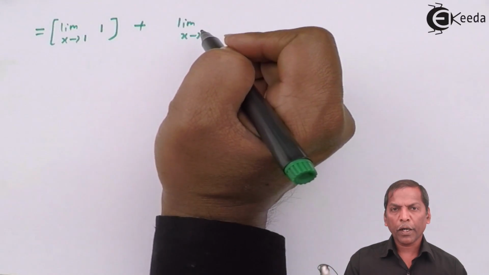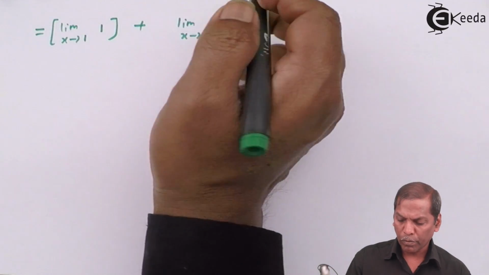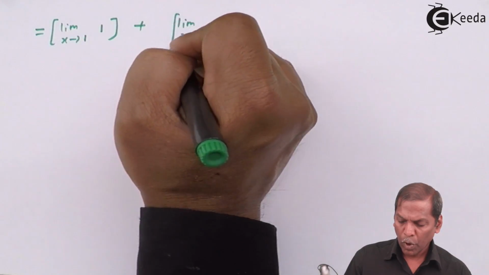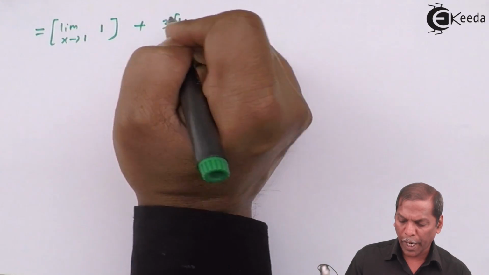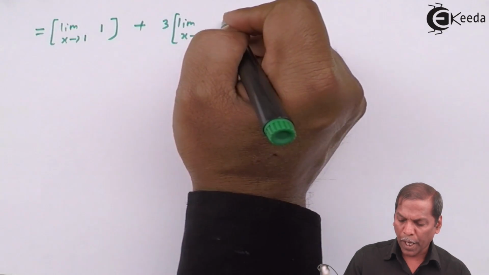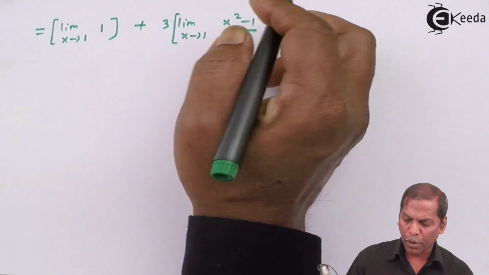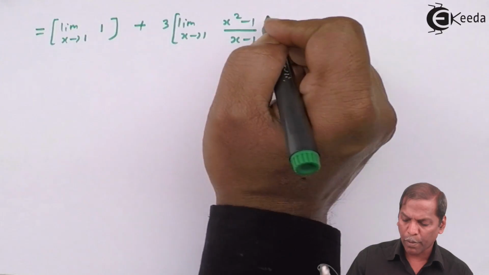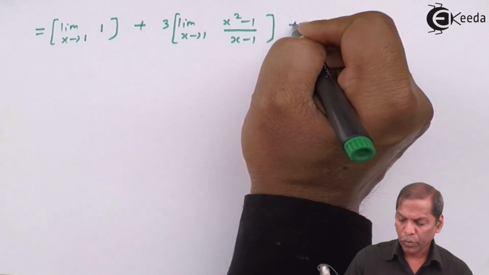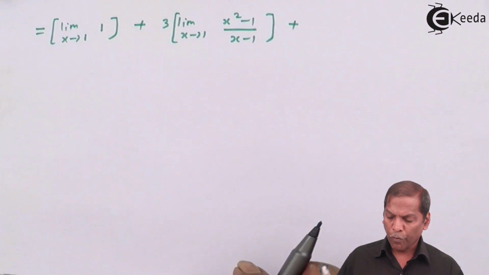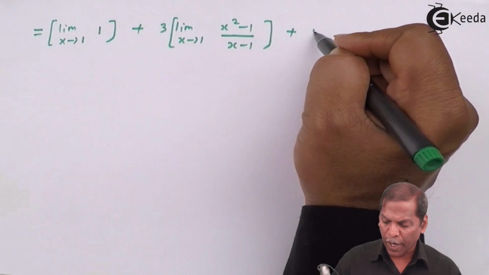From the second part we take 3 common, so outside the limit we write 3, and inside the bracket we have (x square minus 1) upon (x minus 1). Then plus, from the third limit we take 5 common.